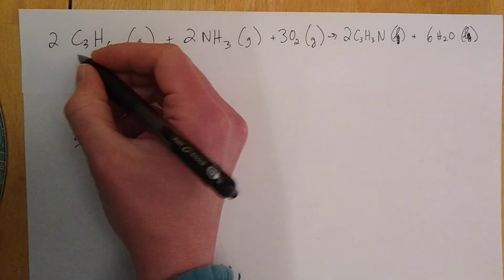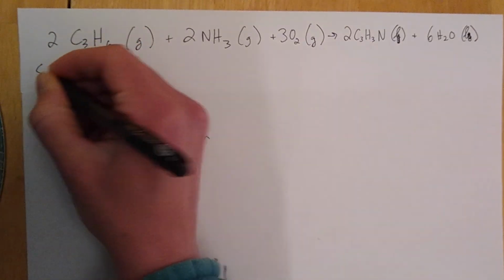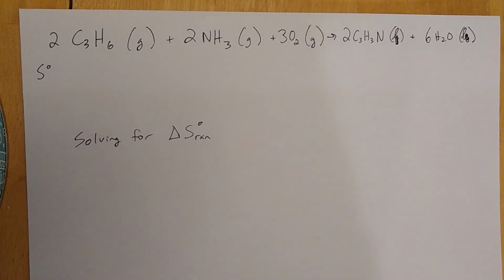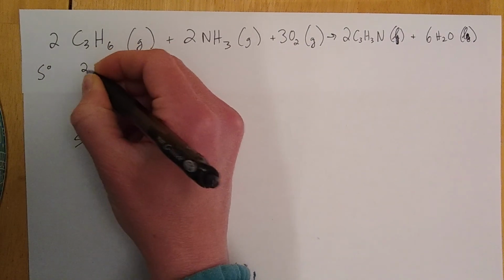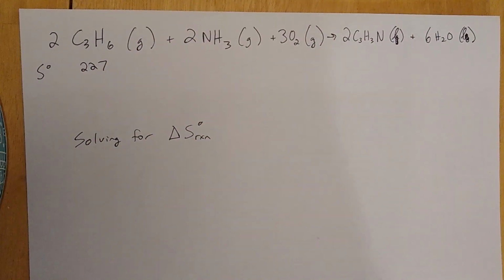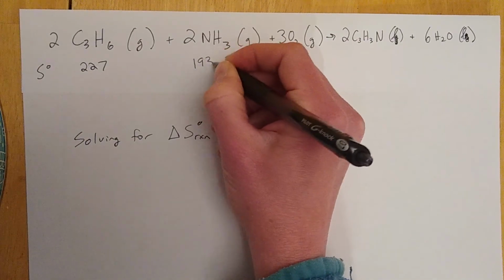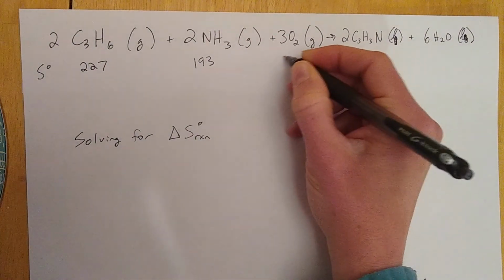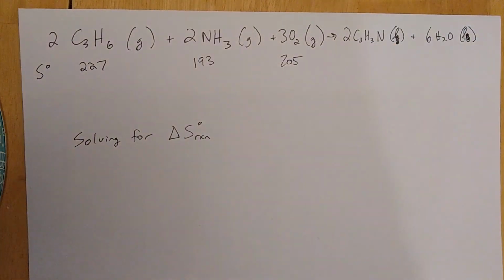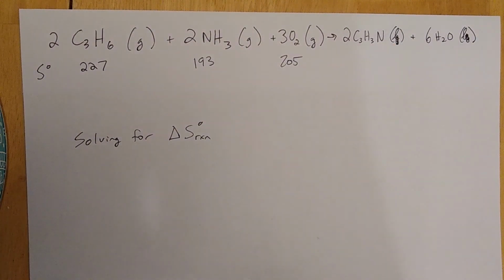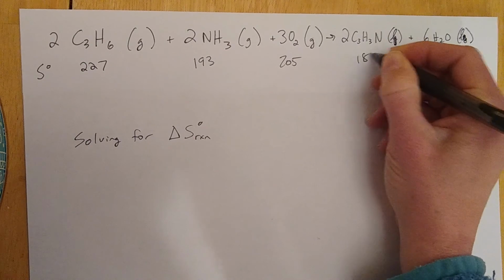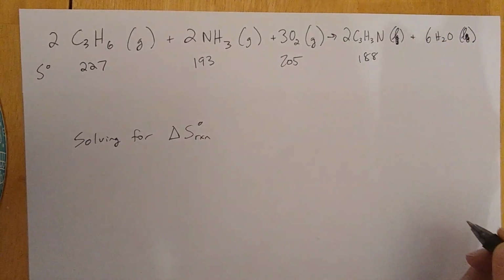So the propene has a standard molar entropy of 227 joules per mole Kelvin. The ammonia is 193. The oxygen is 205. And then on the product side, I've got 188 and 70.